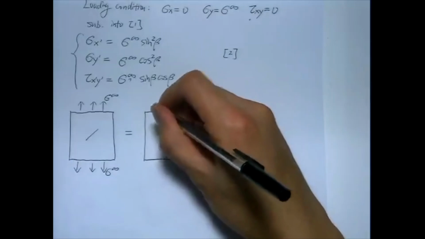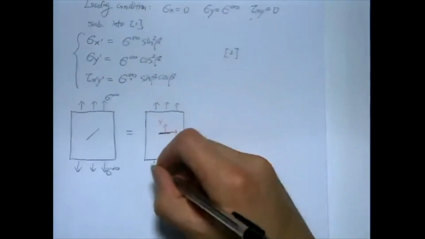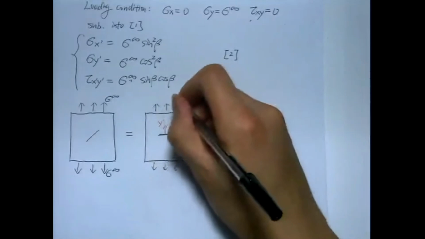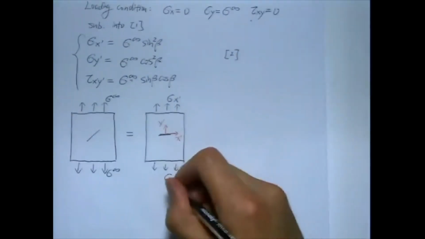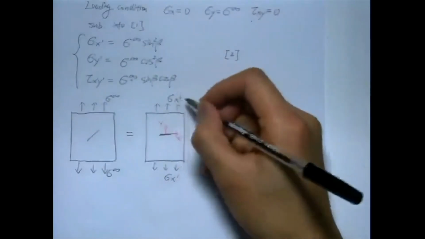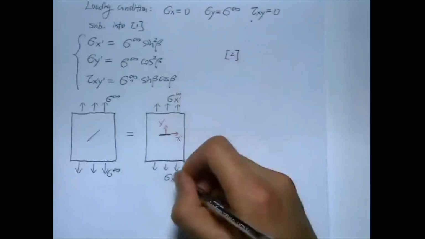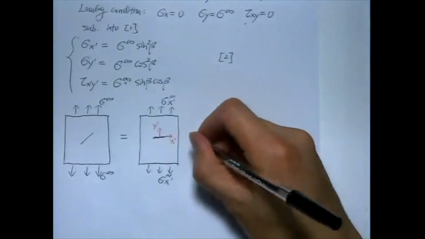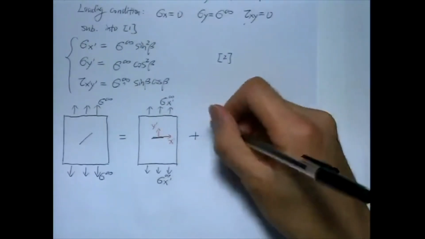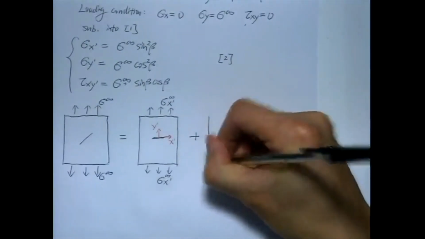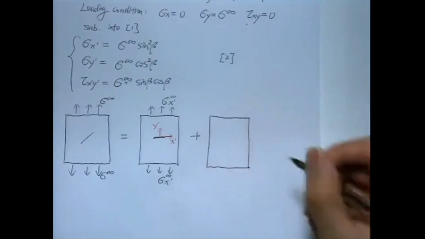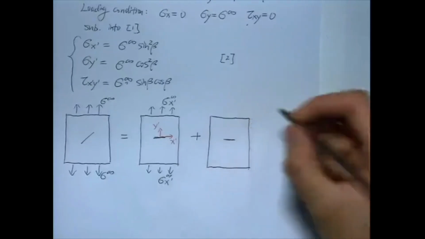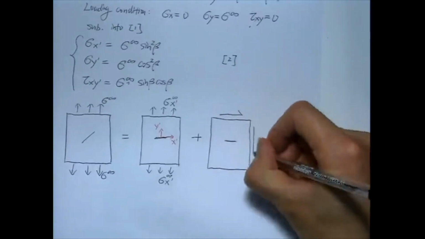And now when you look at that, you should write sigma x, sigma y. They are still remote. You could say in this coordinate system, they are still a remote stress, plus there's some shear stress developed.